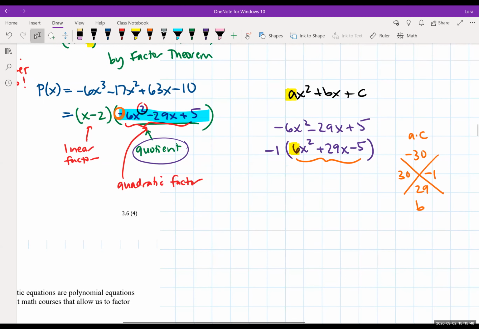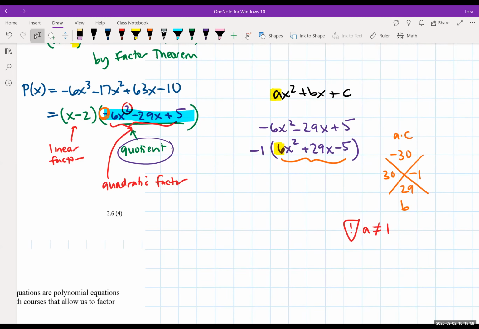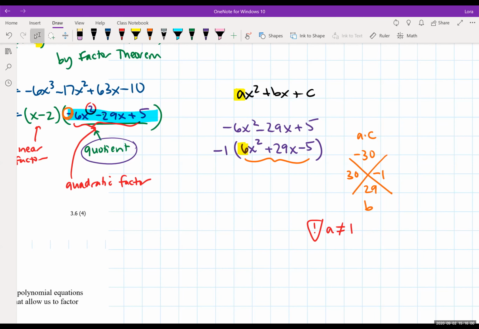And this usually happens when the a is not equal to 1. It's a little rougher to factor, but not too horrible. We've done this before in our past. So what I like to do is make sure you start off with your chosen factors. And again, our chosen factors were 30 and negative 1.